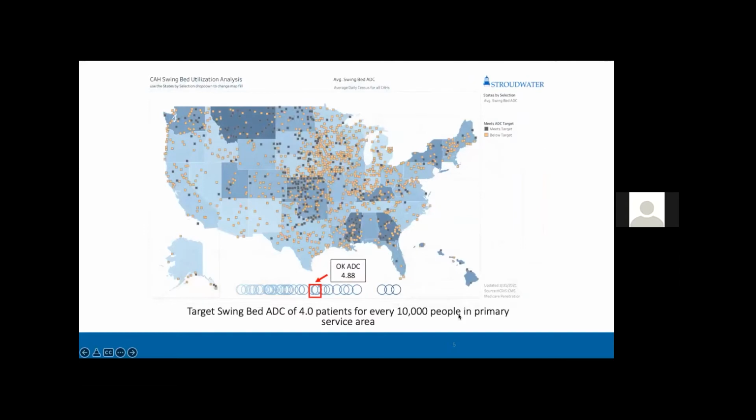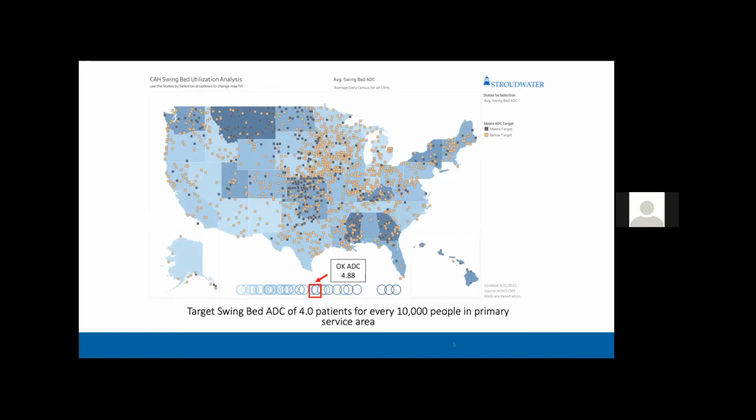And then there's also, and I've shared this slide a couple of times, the variability related to swing bed utilization, and it's across the country. And it ties back to there's lots of opportunity out there as it relates to volume growth around swing bed services.